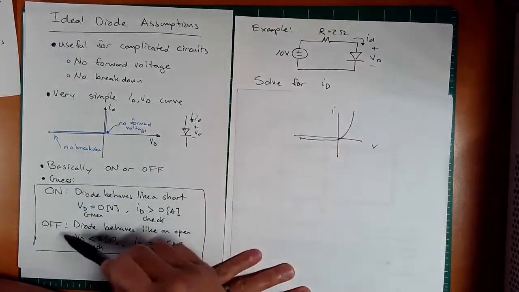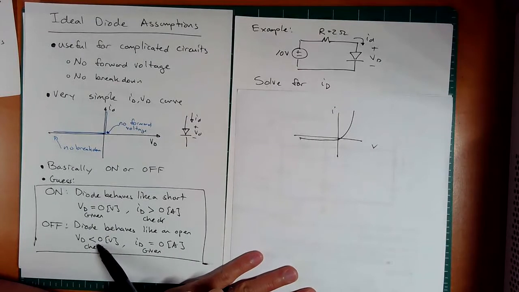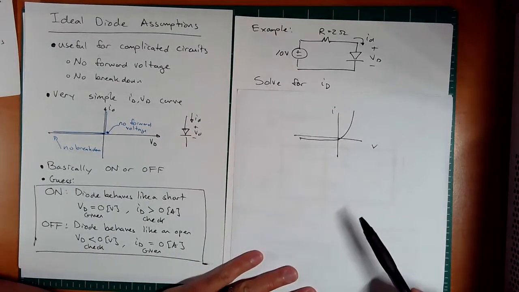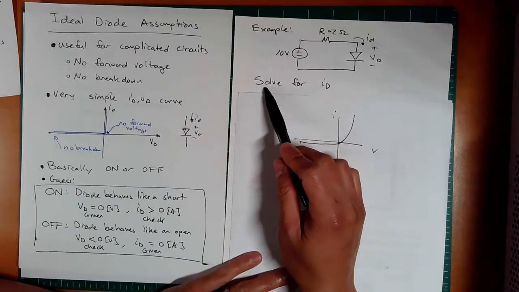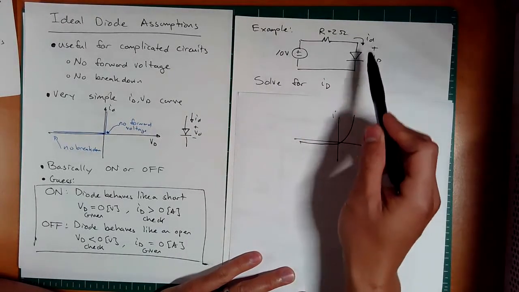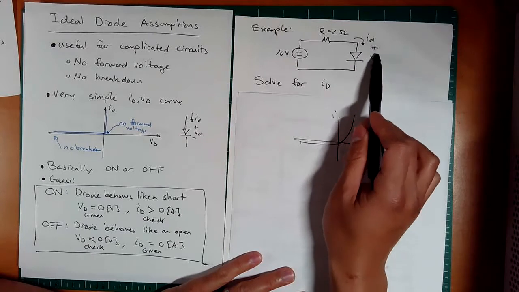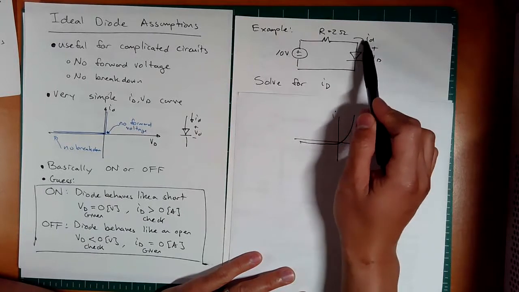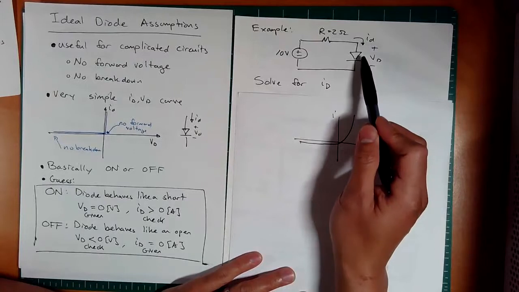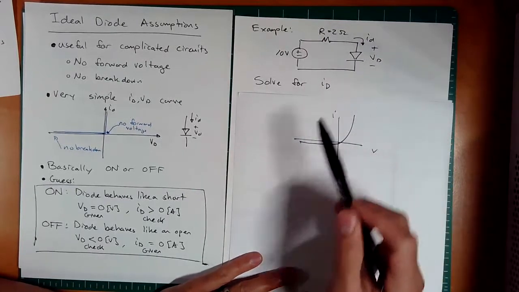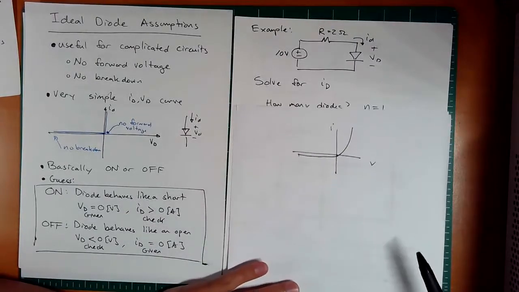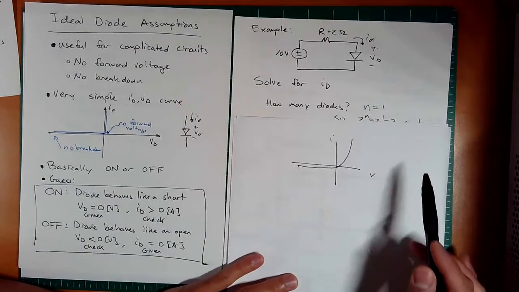Let's just assume it was off, and we better see that this condition gets violated, right? This little condition here is not going to be correct. The other question is to solve for the current. Once you've figured out the correct state of this diode, then solve the current. We're going to assume this is ideal, this is a short, so you're probably just going to have Ohm's law. Okay, so let's tackle this using these new ideal diode assumption rules.